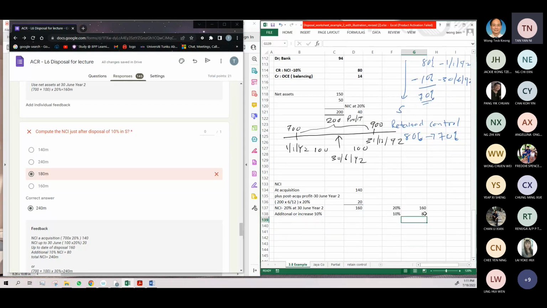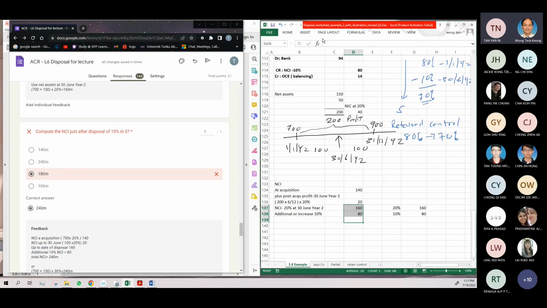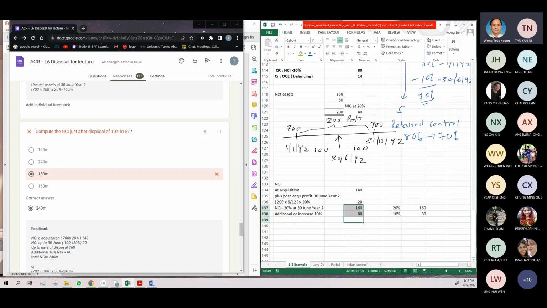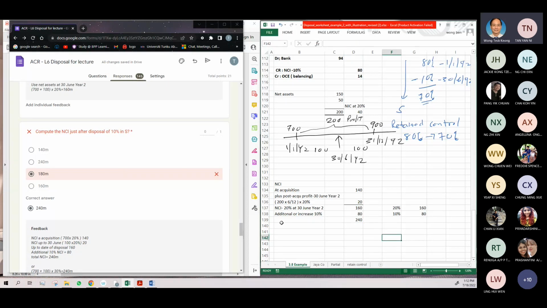Agree? 10% is 80. So then add the 80 here. So you sum up, it will come to 240 after you dispose. Understand? Yeah, okay, understand. Thank you, sir.